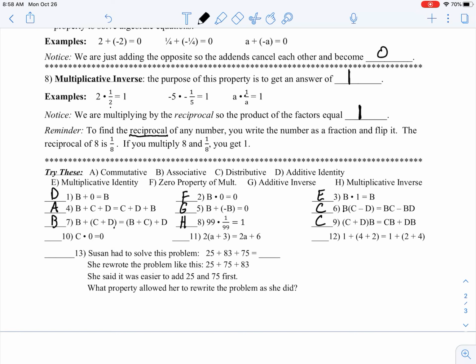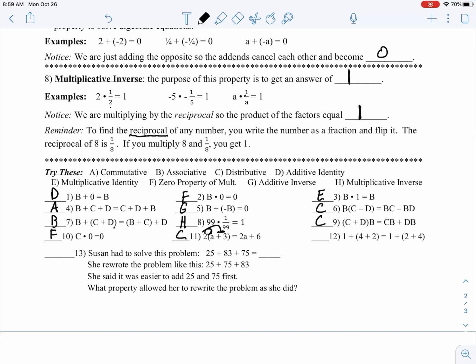C times 0 equals 0, so that is the 0 property of multiplication. And then once again, we are multiplying 2 times both things in there. So we are distributing that 2, which is C, the distributive property.